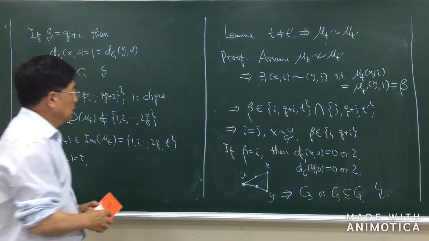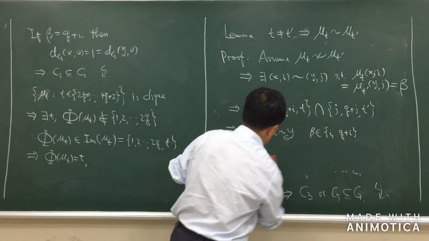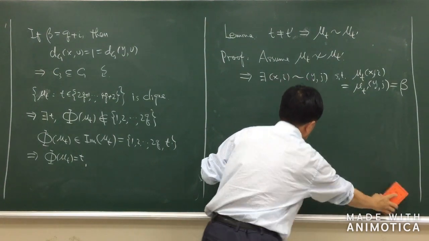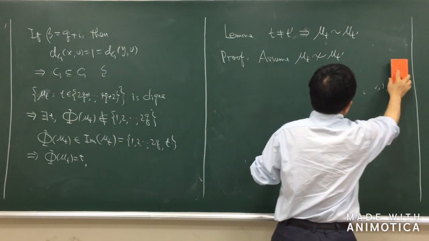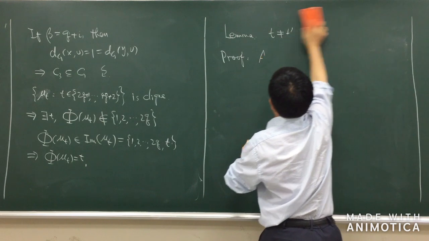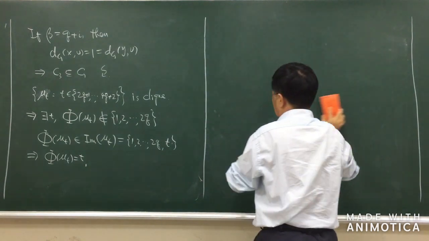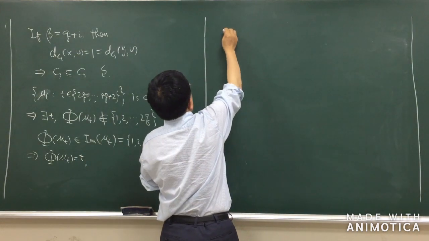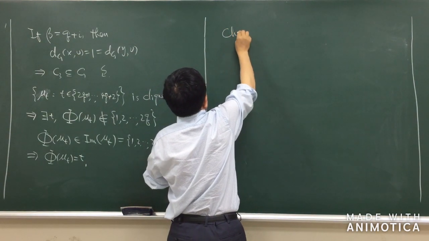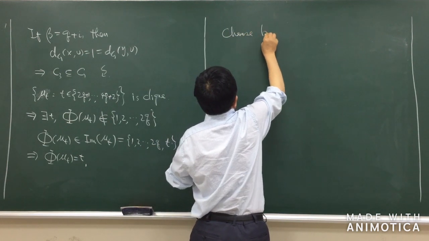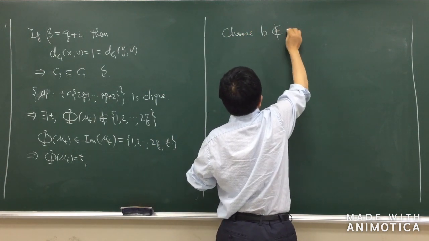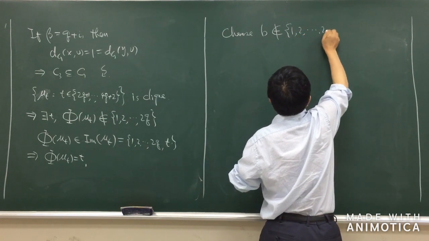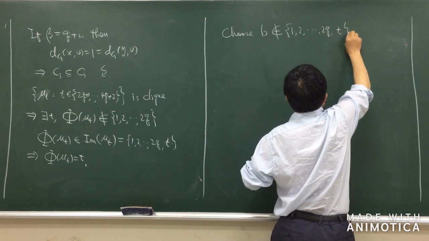Okay, now I choose the color B, which is not in here, not 1, not 2, not 2Q, and not T. So T is this color.